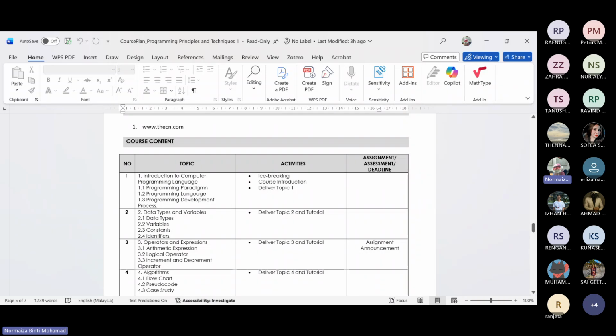And then in chapter 2, we start with the basics of C. We look at data types and variables. Under data types, we have the data type itself, variables, and different types of data types. We look at variables, constant, and identifier. And then in topic 3, we look at operator and expression.